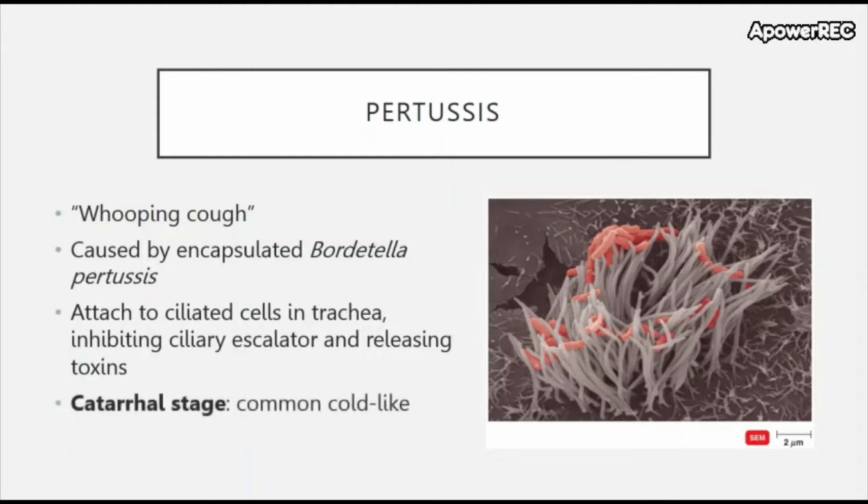So remember, the ciliary escalator are those cells that move their cilia in order to push the mucus up out of the lungs. The catarrhal stage is a common cold-like stage, and then the paroxysmal stage is an intense, violent coughing. And it's actually the pertussis toxin that causes the symptoms of disease.